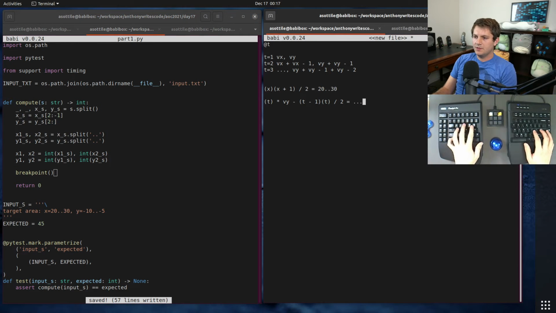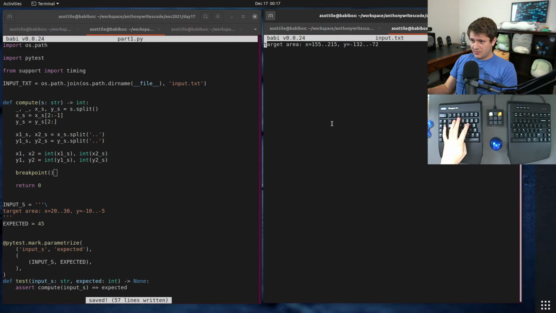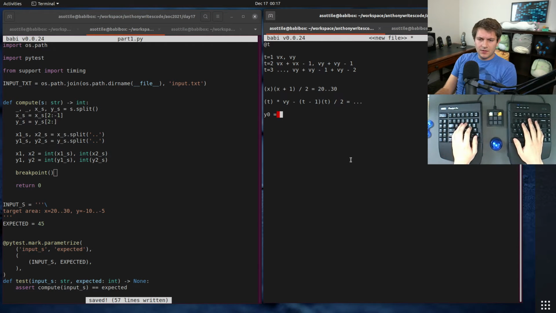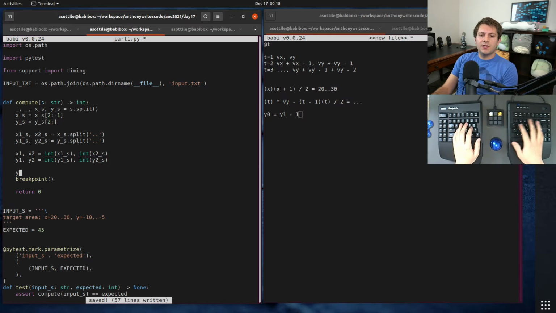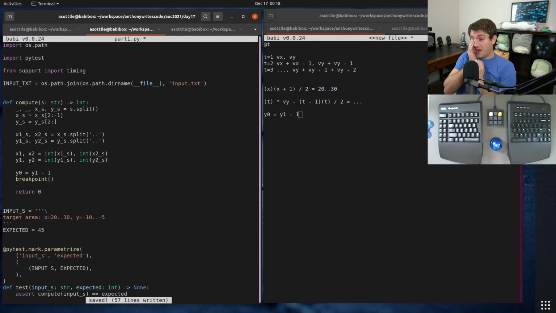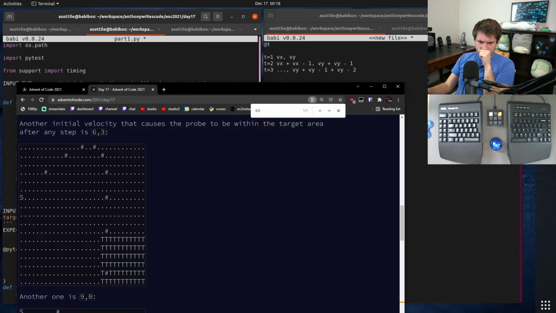So our y naught is equal to... my eye is tweaking out. The y1 minus 1. So y naught equals y1 minus 1. And then to figure out the max that it goes to, for +1, 2, 3 here, it takes 3 steps.